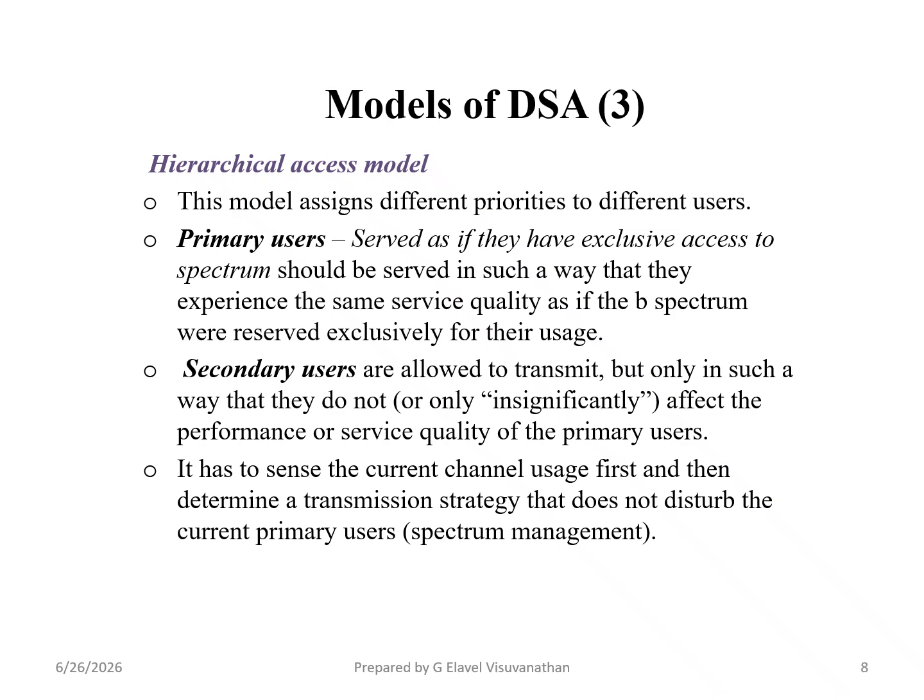Even though we are going for primary and secondary, it should sense the current channel usage. Based on that, it can use the same spectrum which is available, but it should not disturb the primary user. That is the hierarchical access model.